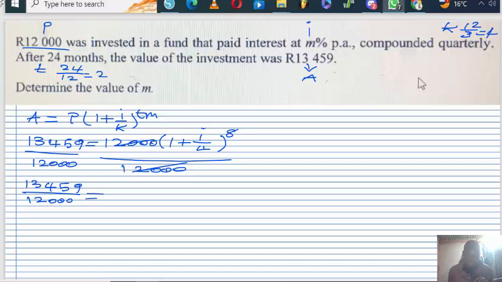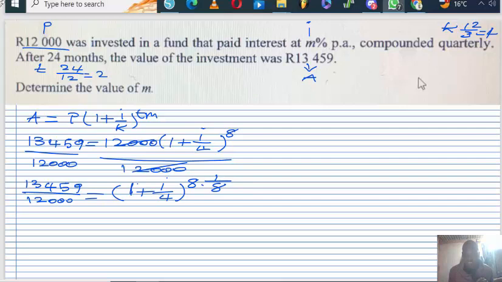And now we have that bracket 1 plus I over 4 to the power of 8. To get rid of the 8, because now that's the only challenge, we need to loosen this up. So how do you loosen that up? If you have an exponent, you need to ensure that you eliminate it by creating an inverse for it.